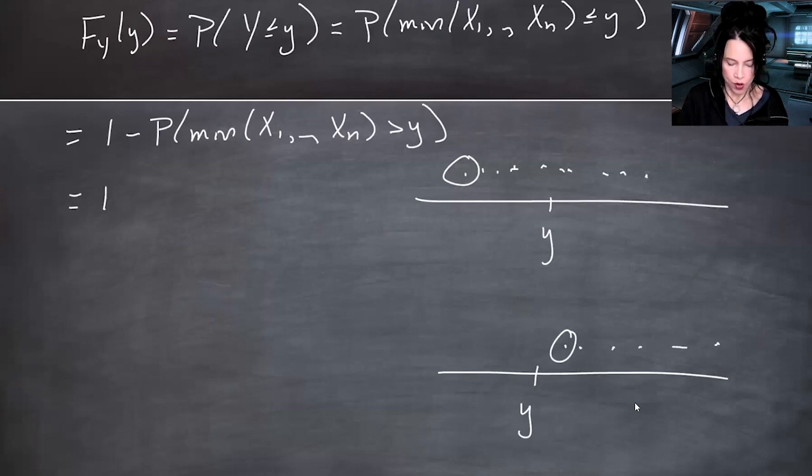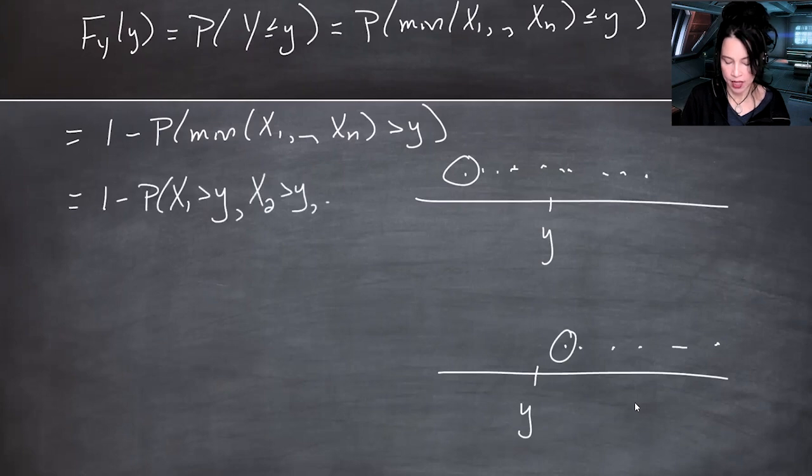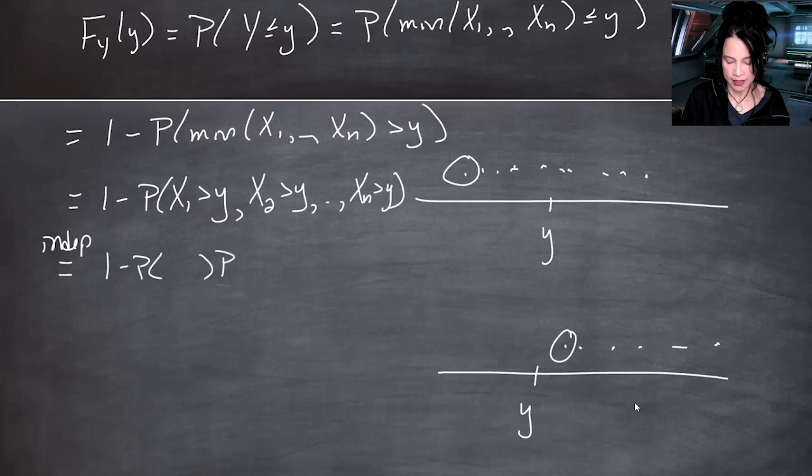So this was 1 minus the probability that x1 was greater than y and x2 was greater than y, out through xn being greater than y. And these were independent, so we get to multiply, and each of them has the same PDF.